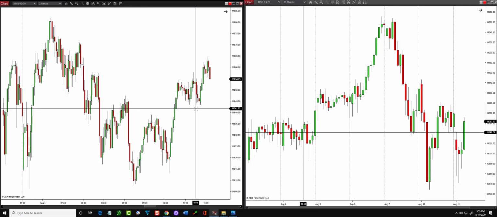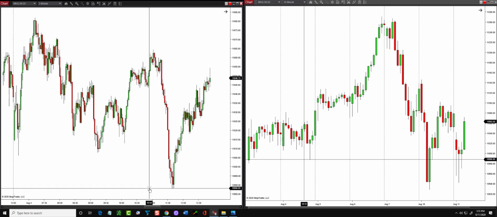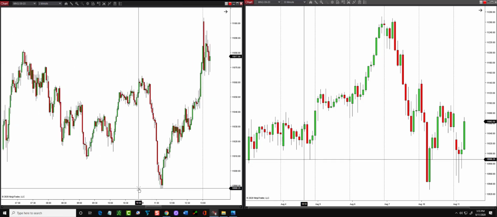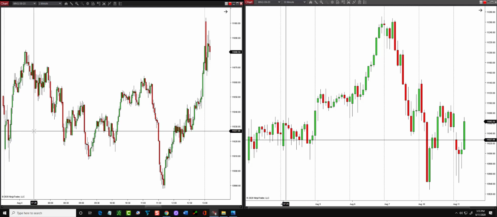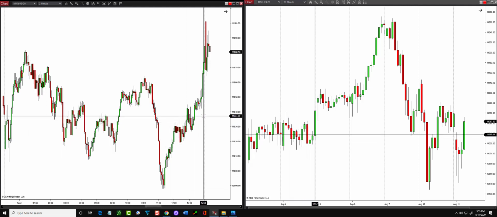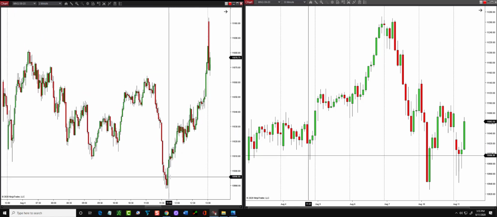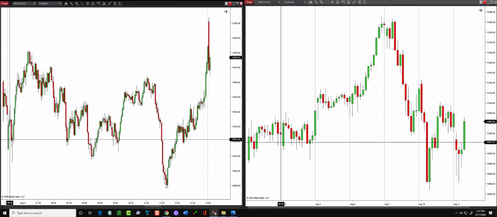Okay, so in fact, let me squish this scaling up even a little bit more so we can get the whole day on there. There we go. So compare what it looks like visually. I've got the whole day on there now. Okay. That's about as good as I'm going to be able to do it.